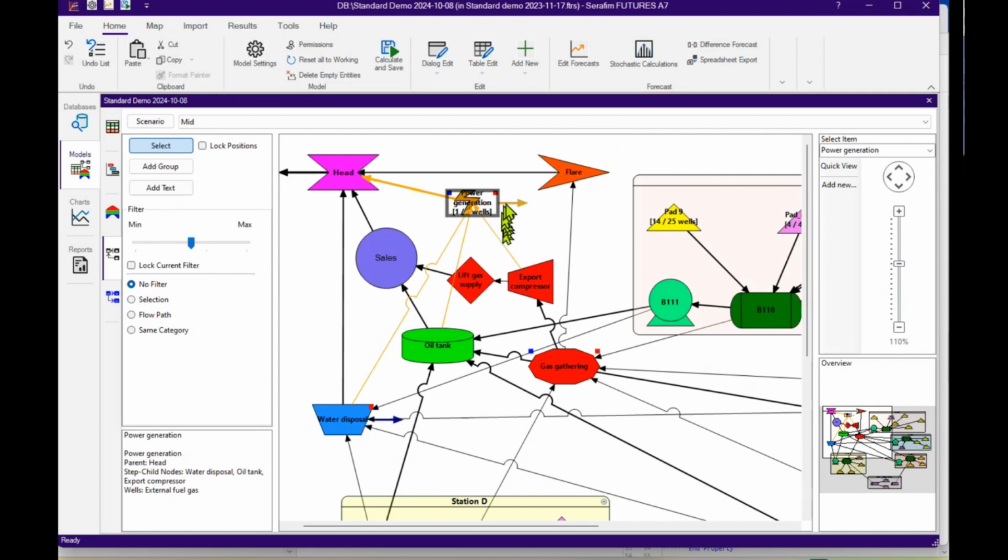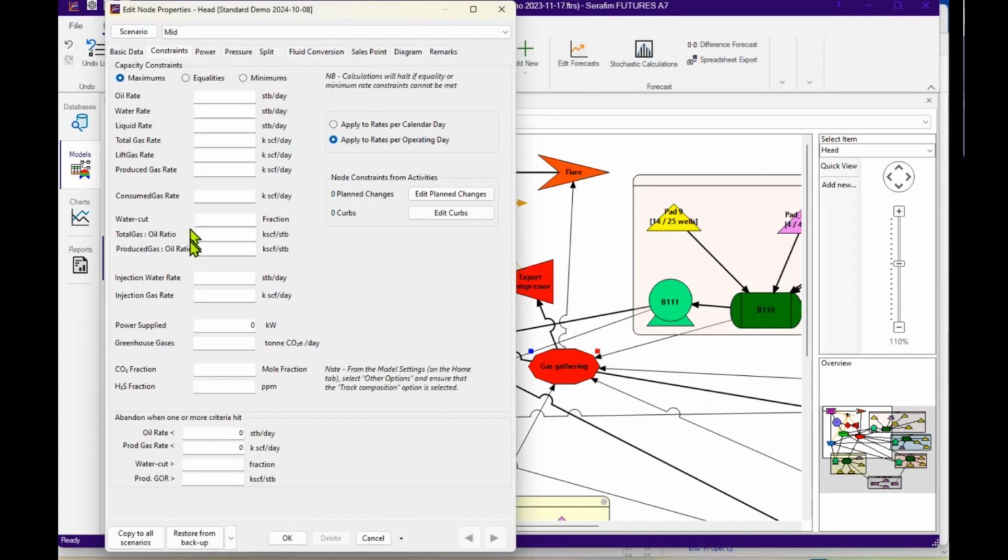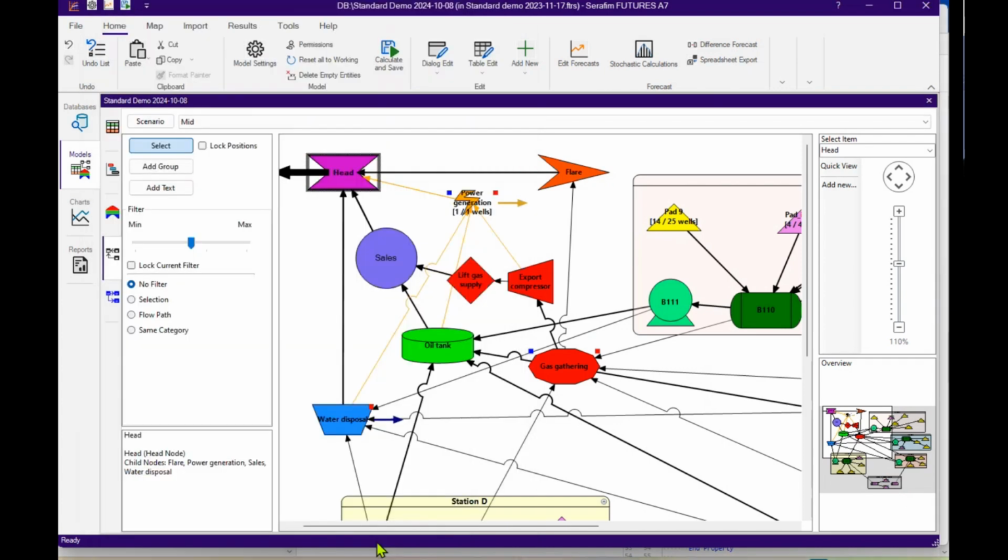Having defined the generation of CO2, we can use the future solver to impose limits. The simplest limit would be to put a maximum limit of so many tons of CO2 per day. But it's rare for there to be such a hard limit. So instead, what we're going to demonstrate here is we're going to put a limit on the intensity.